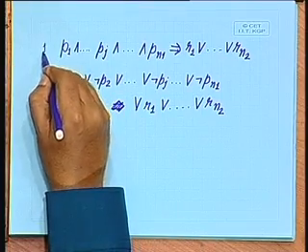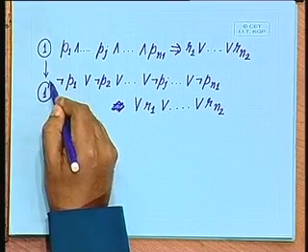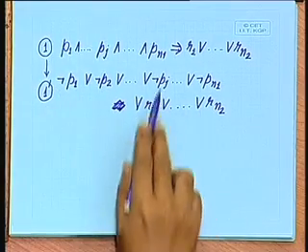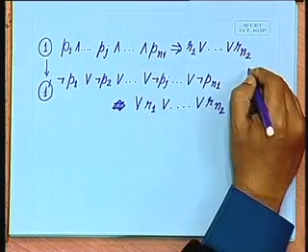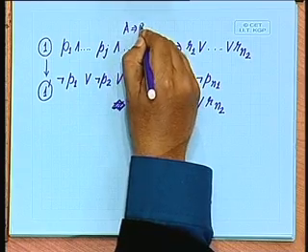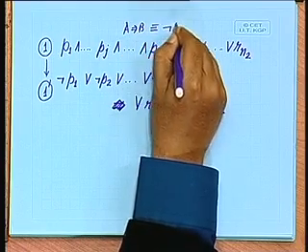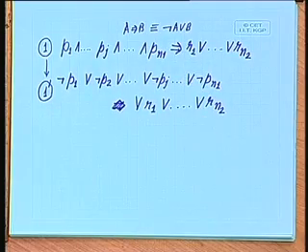So, this one to this one, same thing, but we have written it by eliminating the implication. Recall that we eliminate implication by writing A implies B as not A or B. That is how we got this, right.